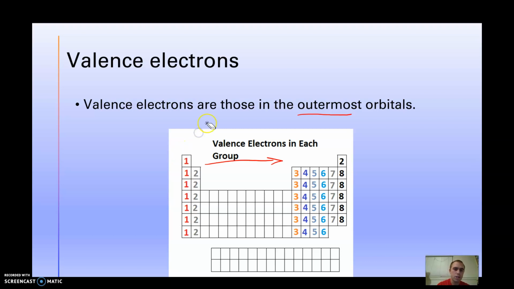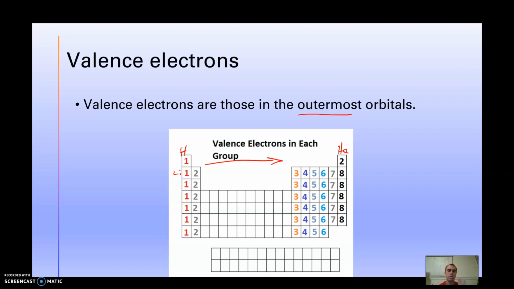Helium only has 2 because it's small. Then we come back here to lithium with 1 again. And then as we work our way over, we get to 3, 4, 5, 6, 7, and 8. As you go down the periodic table, those numbers are going to stay the same.